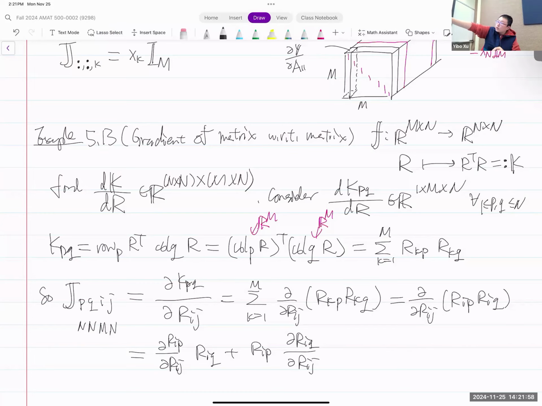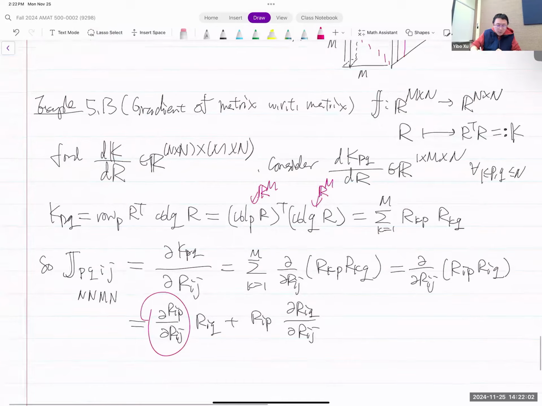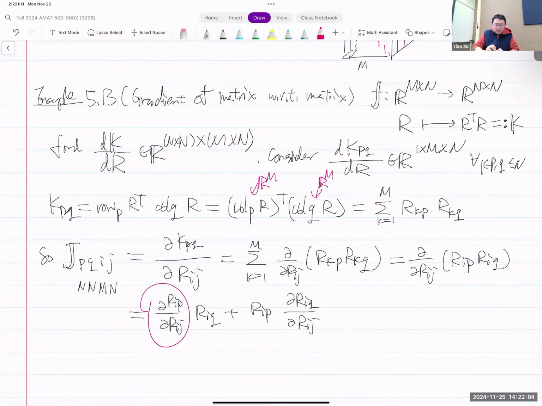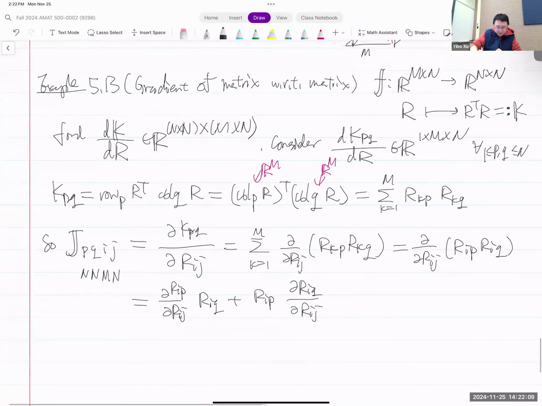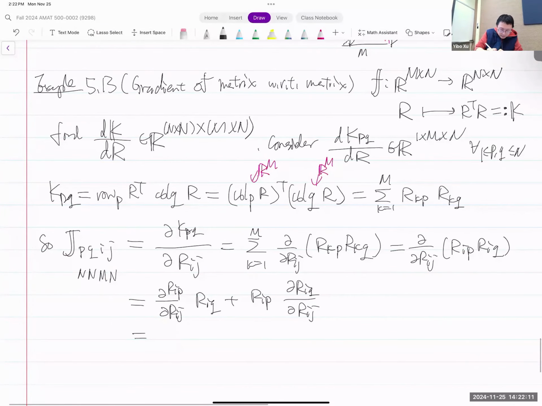So only when p equals j will this give you a 1. Otherwise, it just gives you a 0. So this is again checking the indices, and it's checking the second index. So this is the indicator of p equals j, times R_iq, plus here.